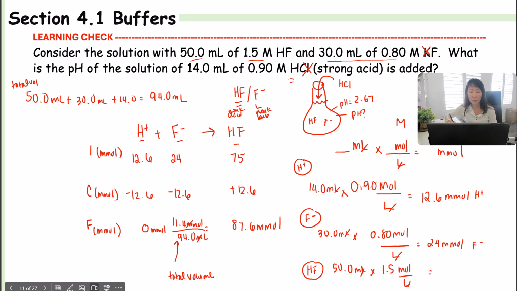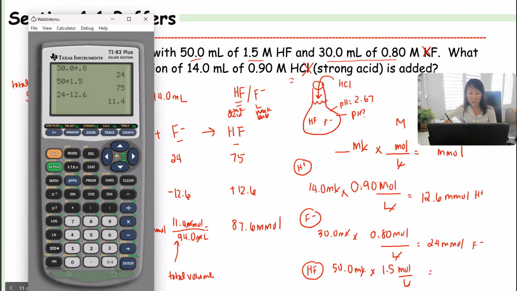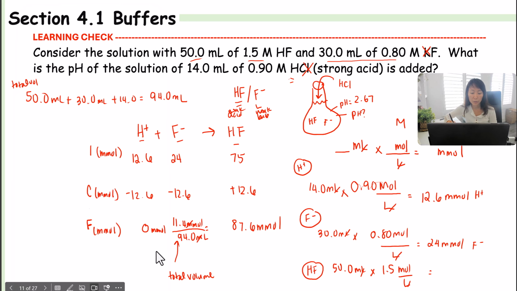So now that you have moles over liter, let's calculate this out. 11.4 divided by 94.0. Now we get 0.12 molarity for fluoride. What about for HF? So we divide this whole thing by 94.0, the total.